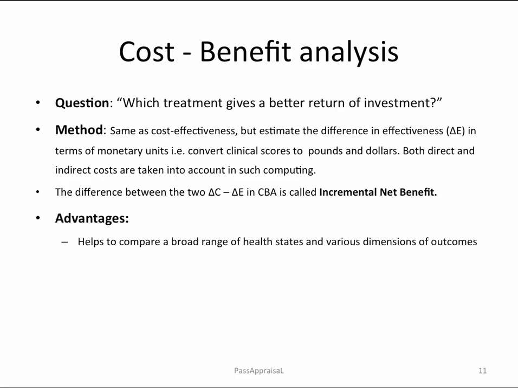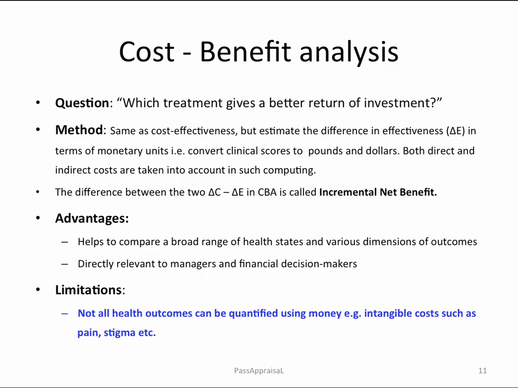The advantages of using cost-benefit analysis include the fact that it helps to compare a broad range of health states and various dimensions of outcomes, because everything gets converted into one single expression, which is in terms of pounds or dollars. Cost-benefit analysis is directly relevant to managers and financial decision makers because both the input and the output are in terms of money.